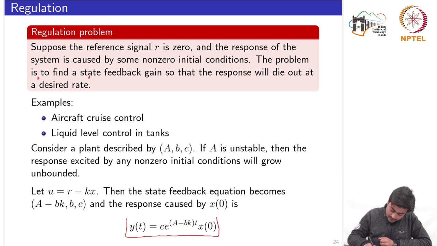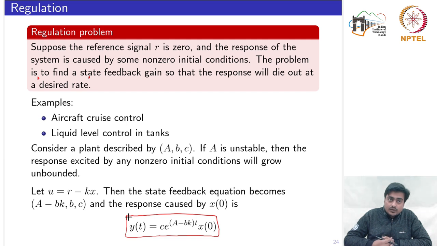We have seen this equation a number of times, and this is only the response due to the initial conditions, but the response due to the external reference signal R would be 0 because the reference signal is 0.